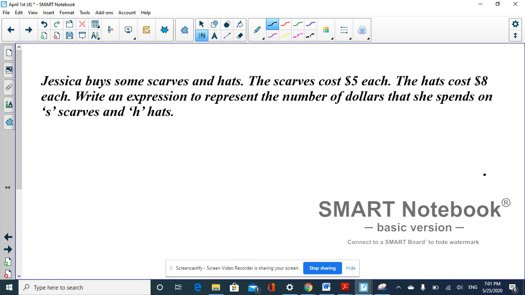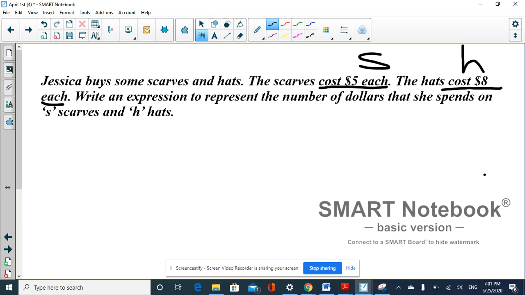The last one we have: Jessica buys some scarves and hats. The scarves cost $5 each. The hats cost $8 each. Scarf, S, hats, H. How much is the total?